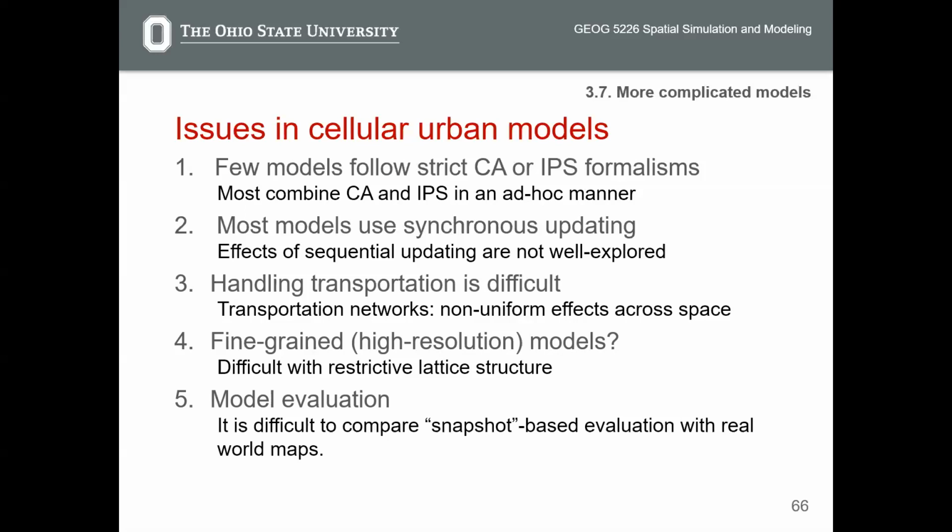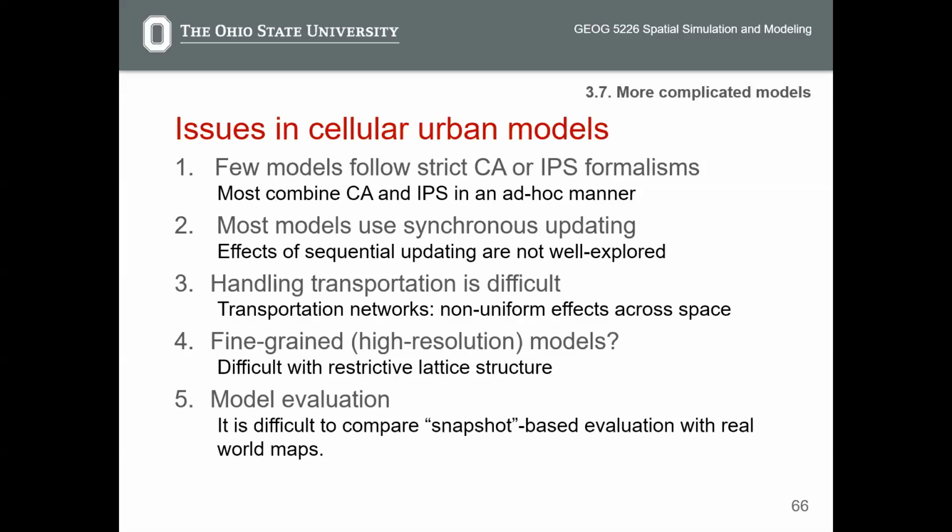It's pretty difficult to compare snapshot-based evaluation with real-world maps, because when we are using NetLogo, when we're using agent-based model, actually each tick, we use tick to address the change of time. And after each tick, we have a specific pattern in front of our eyes.